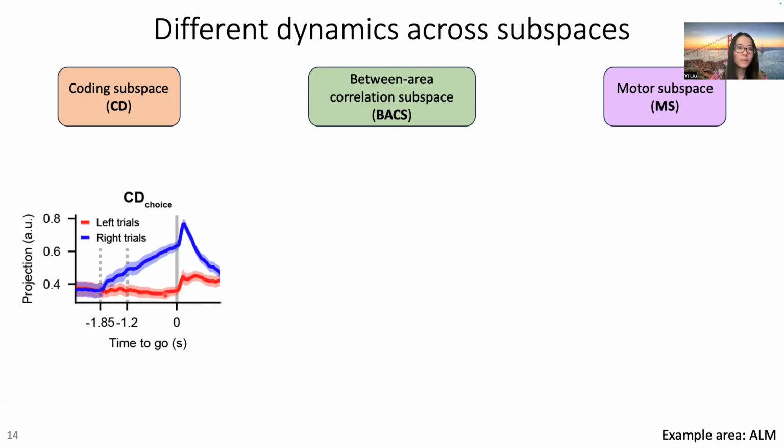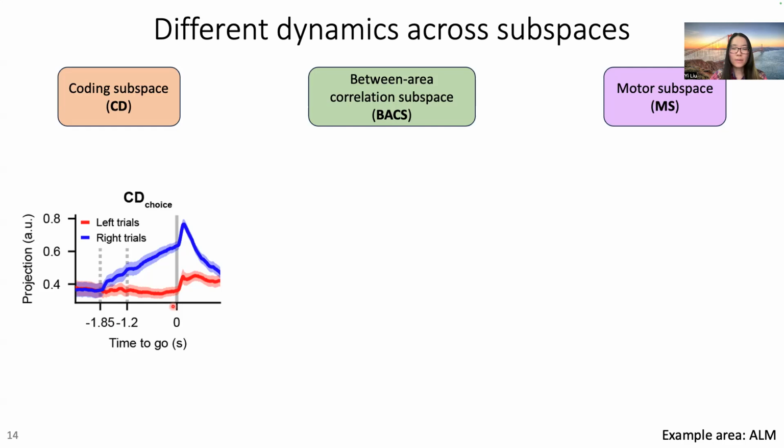Here, the red and blue traces are the mean projections across trials within lick left and lick right trials. And the gap between the two traces indicates the decodability of choice. We see that as we approach the go cue, the decodability of choice also increases along the CD choice subspace.